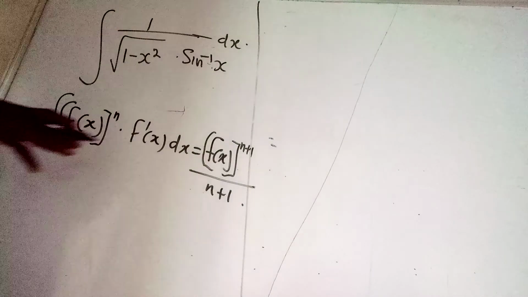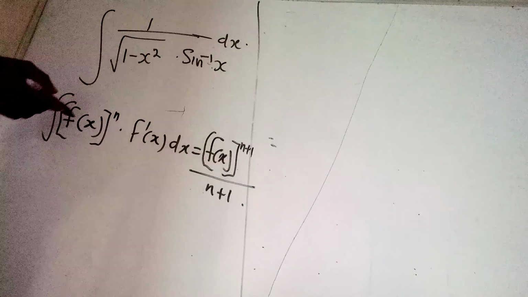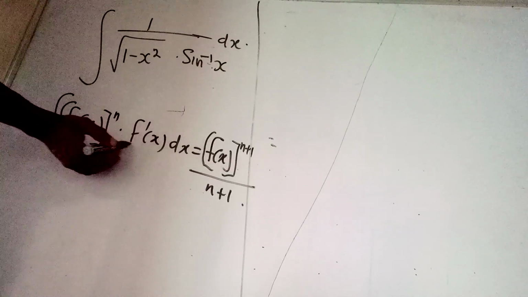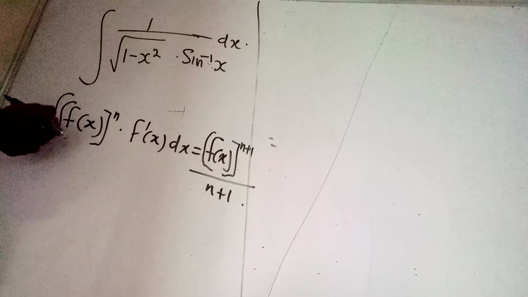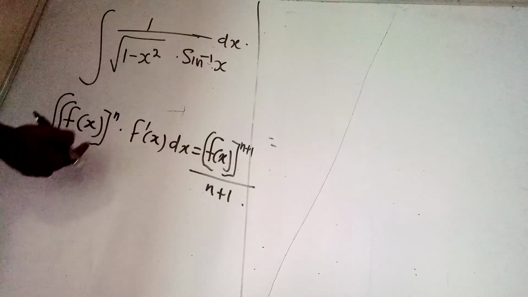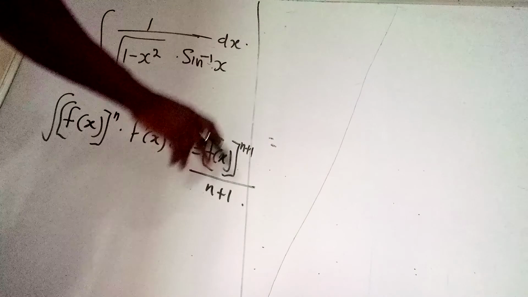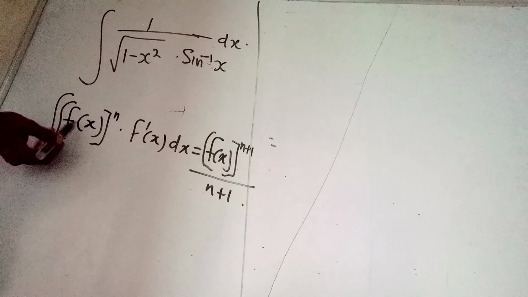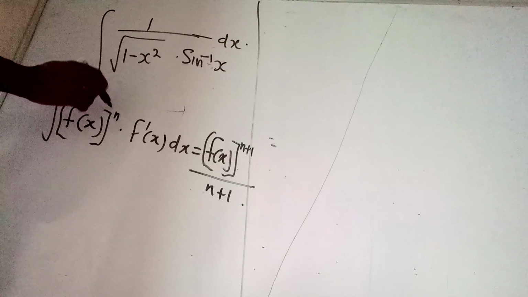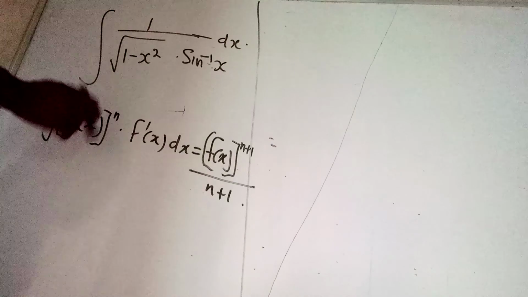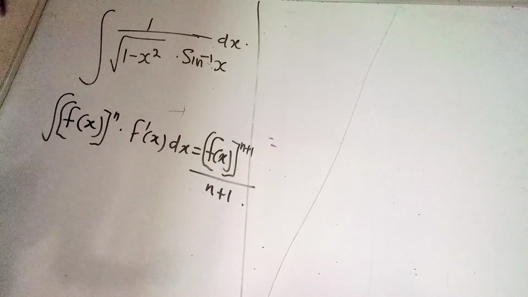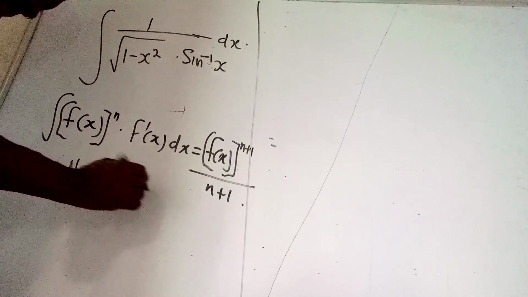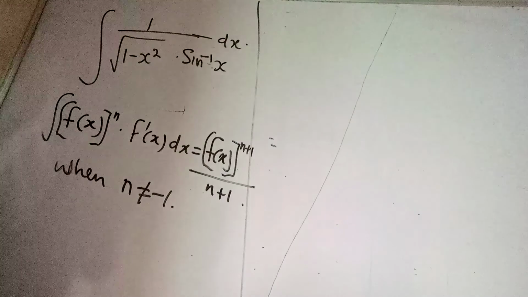This rule is telling us that if the result of differentiating f of x gives us this, and we have a product of the two of them, then the result of the integral will be this function of x raised to power n plus 1. We add 1 to the power and divide by the new power, but on one condition: when n is not equal to minus 1.